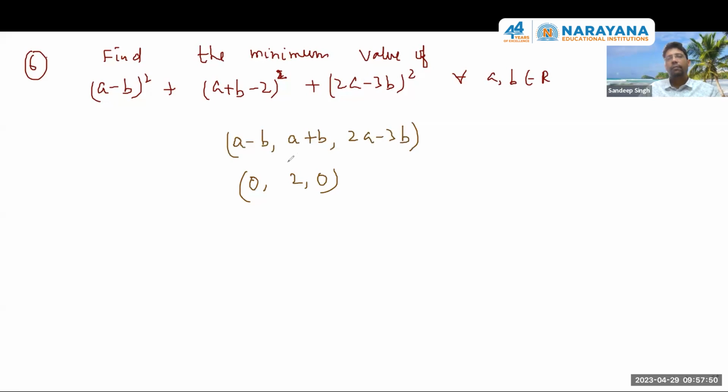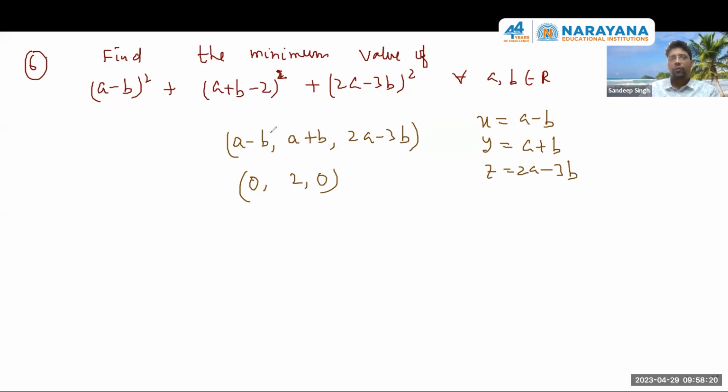So this coordinate a minus b comma a plus b comma 2a minus 3b, what is that? It represents a plane equation. Suppose you take this x as a minus b, y as a plus b, and z as 2a minus 3b. Correct? So now you can calculate a and b and substitute it over here.